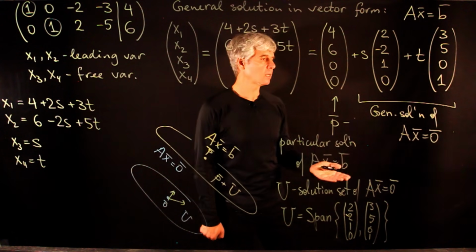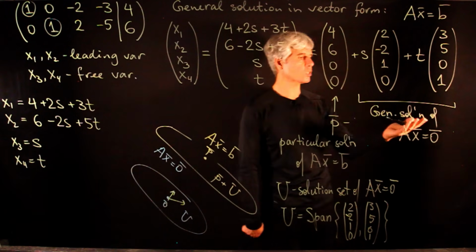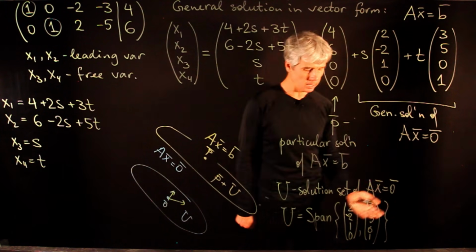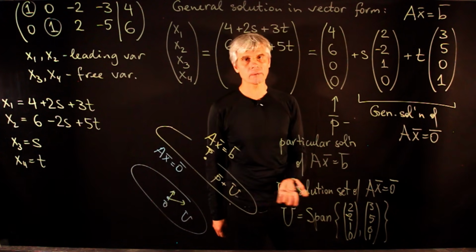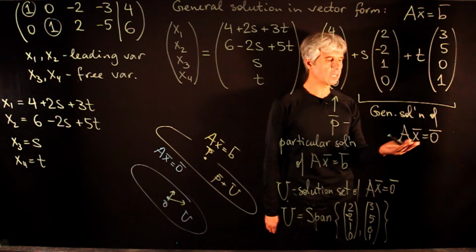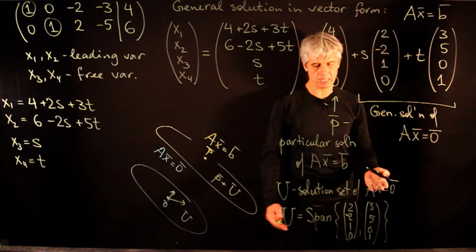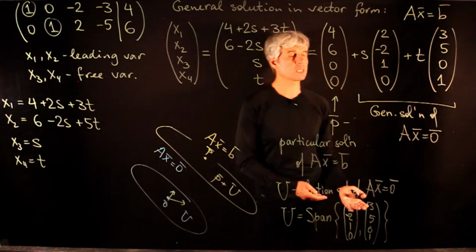So we see that the general solution of Ax equals 0 is the span. And thus, it agrees with our other theorem that says that the solution set of a homogeneous system is a subspace, because we know that the span of any set of vectors is a subspace.